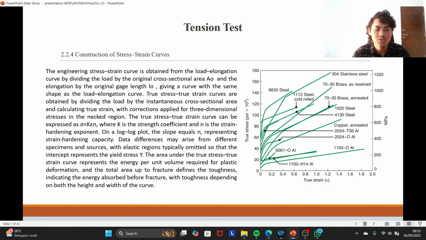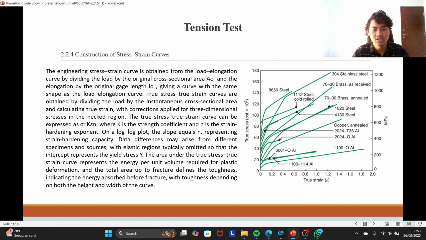The true stress-strain curve is obtained by dividing the load by the instantaneous cross-sectional area and calculating true strain, with correction applied for three-dimensional stress in the necked region.